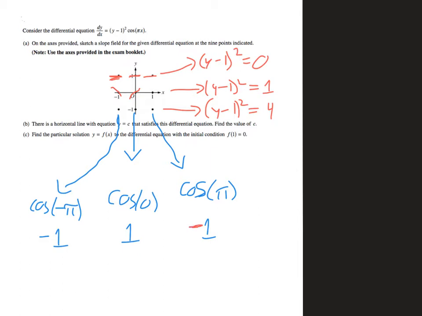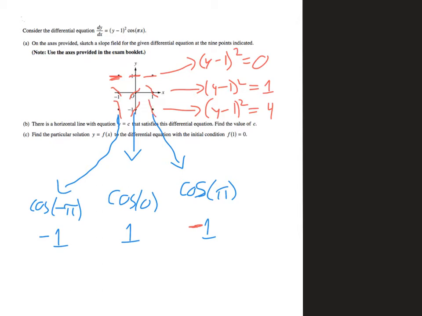This was negative. Cosine of pi is -1. Another -1 here. And then at the bottom, you just have 4 as the y. So you're just going to have 4 times all of those x's. So just a steeper negative slope, a steeper positive slope, and a steeper negative slope.